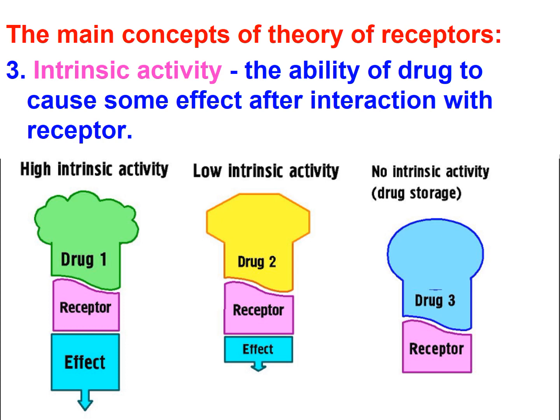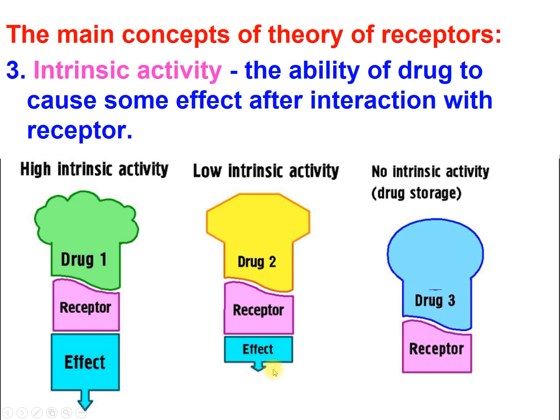In the first case, we have the drug with high intrinsic activity, and such interaction between this drug and receptor produces maximal effect. In the second case, we have a low intrinsic activity drug. In this case, despite the fact that we have full affinity, the effect is smaller than in the previous case because the intrinsic activity of this drug is less.